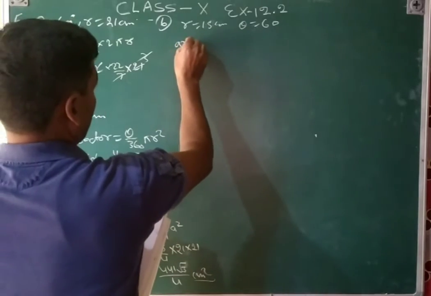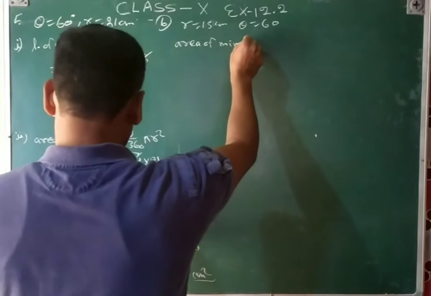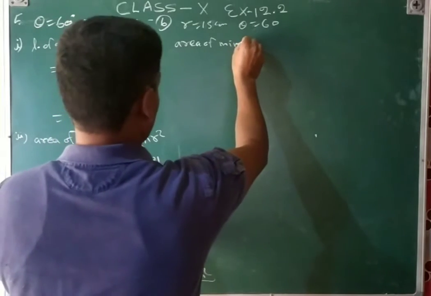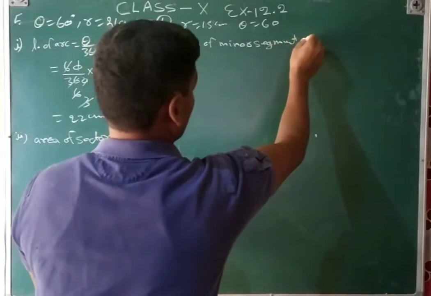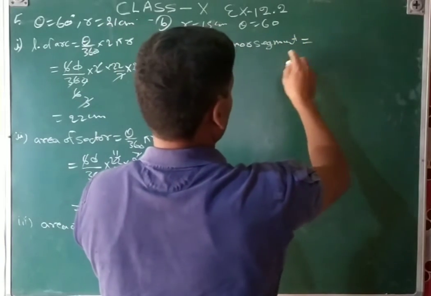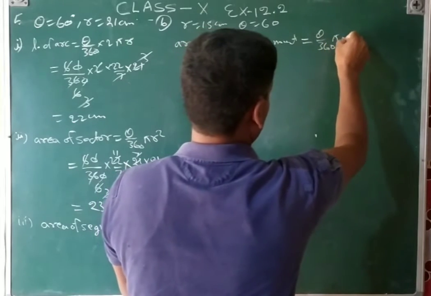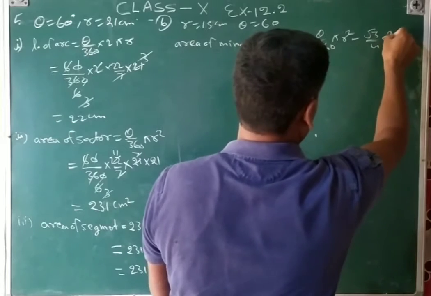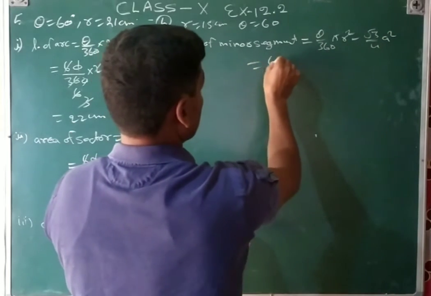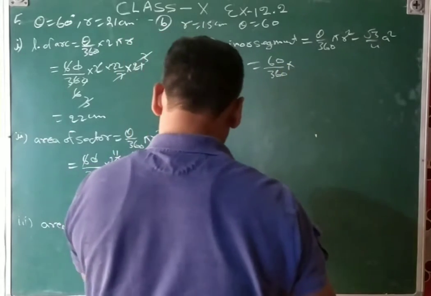So area of minor segment means area of sector, theta upon 360 pi r square minus area of triangle under root 3 upon 4 a square. So theta is 60 upon 360 into pi value.